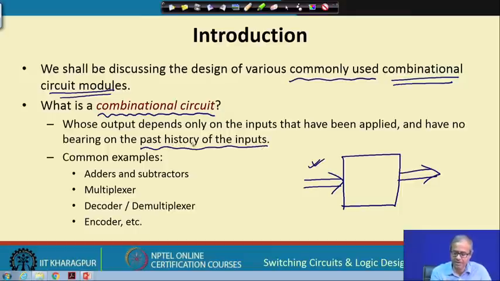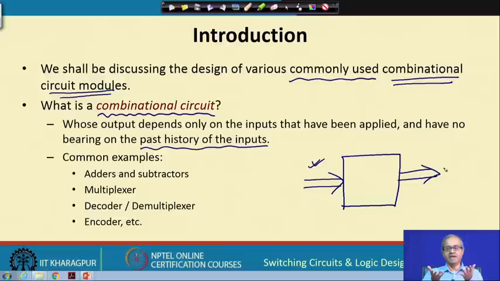Past history, what happened earlier, what inputs were applied earlier, that will not have any bearing on what the output is. So, such a circuit is called a combinational circuit, where the output will depend only on what inputs we are applying at this particular point in time.